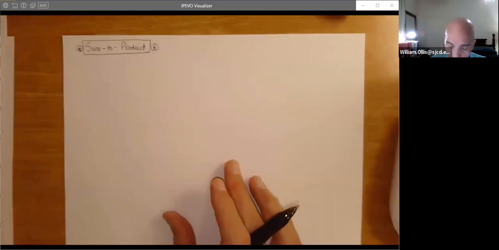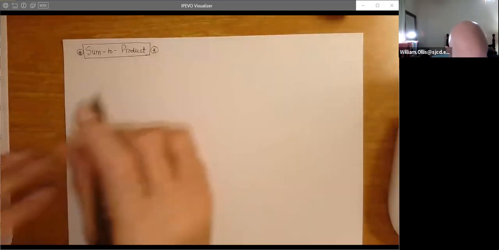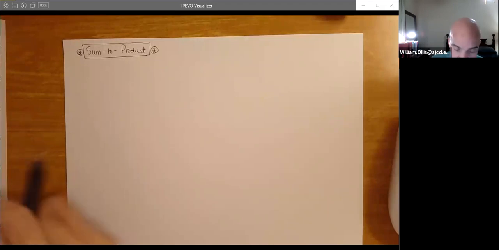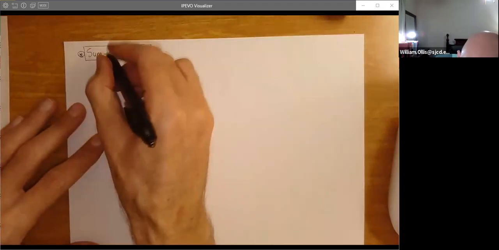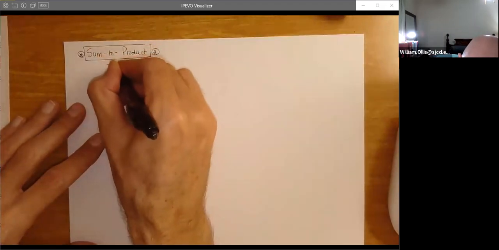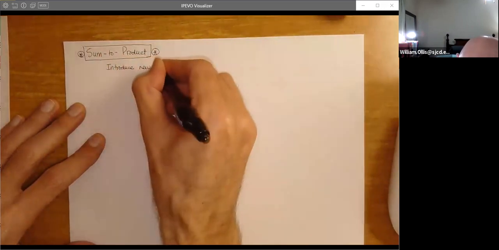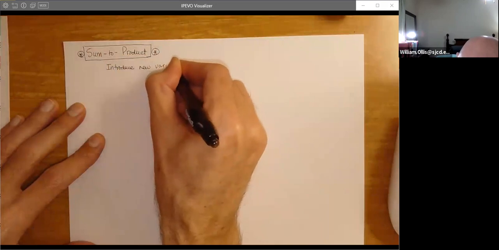Now, the first thing we're going to do is just a very simple change of variable that will make our life really easy. We're going to introduce new variables. I'm going to use an alpha and a beta.